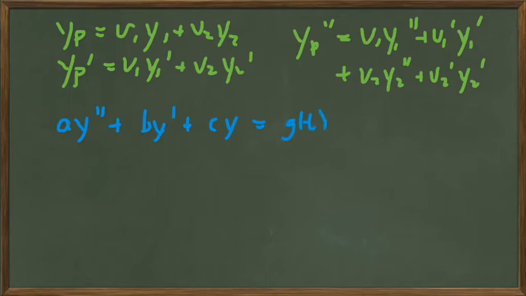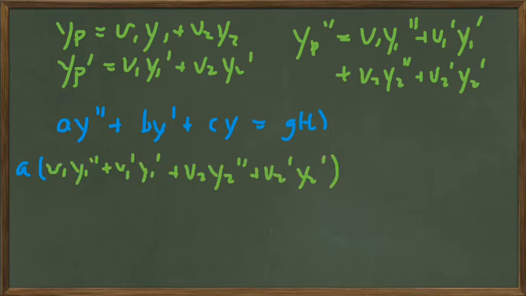So when we do that, we get a times the quantity v1 y1 double prime plus v1 prime y1 prime plus v2 y2 double prime plus v2 prime y2 prime, and then plus b times yp prime, which is v1 y1 prime plus v2 y2 prime.